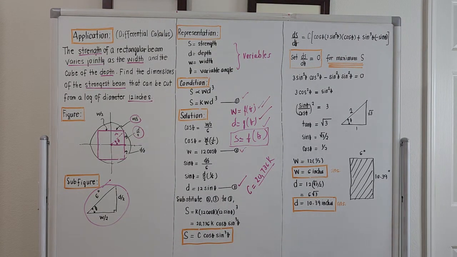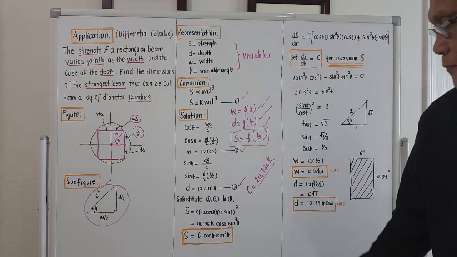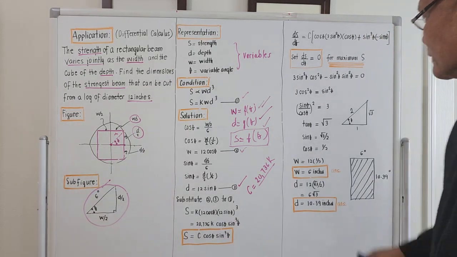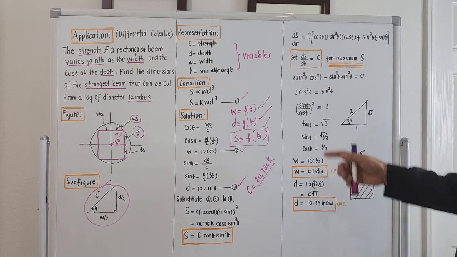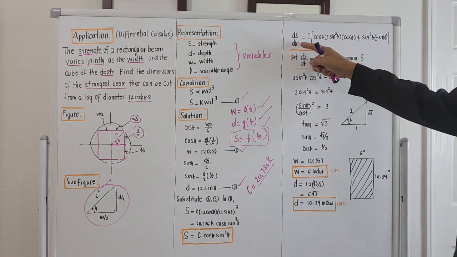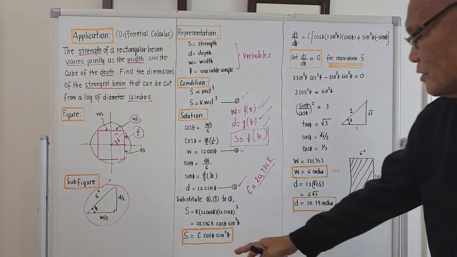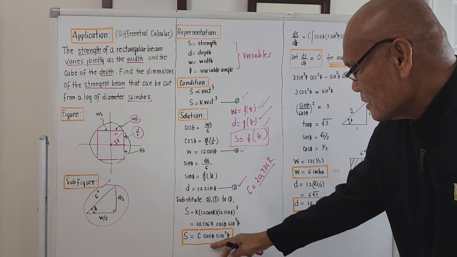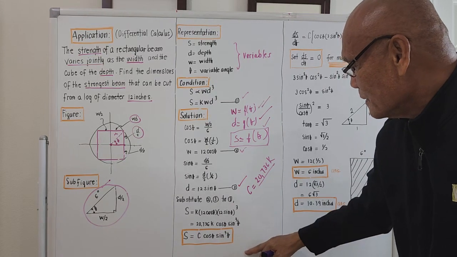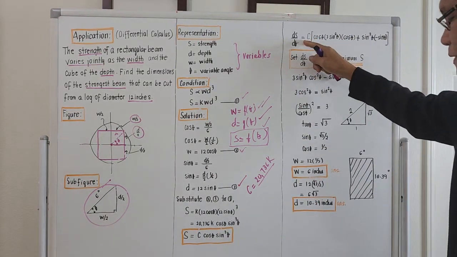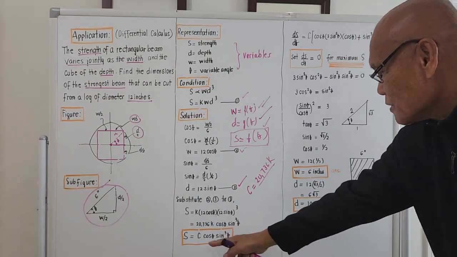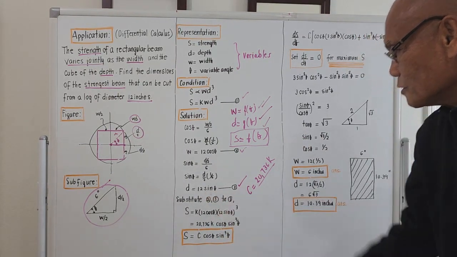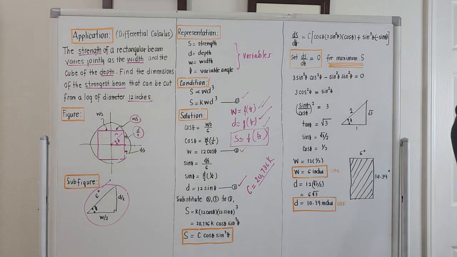Okay? So after deriving S as a function of theta, we will take the first derivative. dS over d theta will be C times the derivative of cosine of theta, sine cube of theta. First function, second function, the operation is multiplication, right?